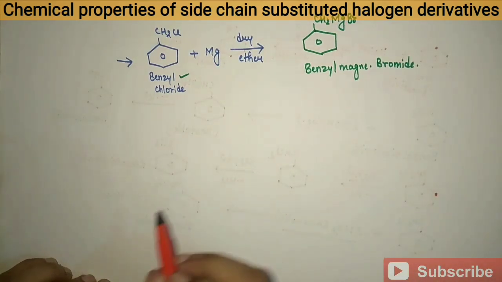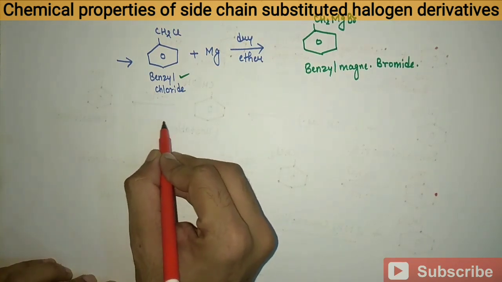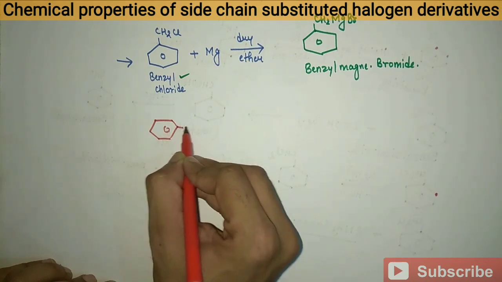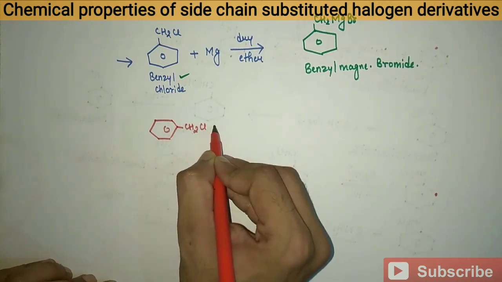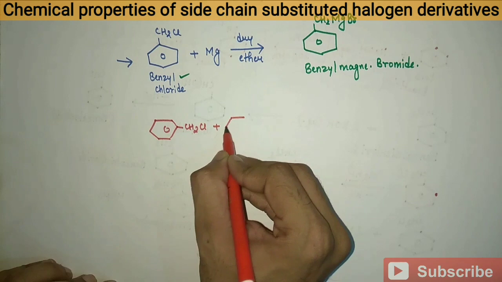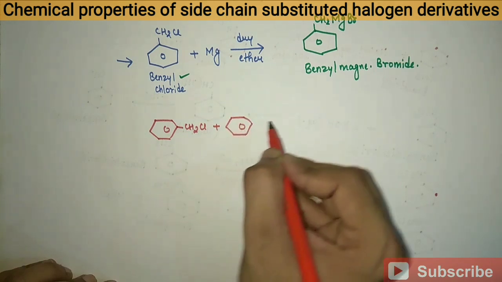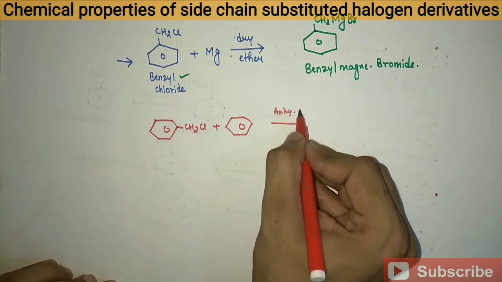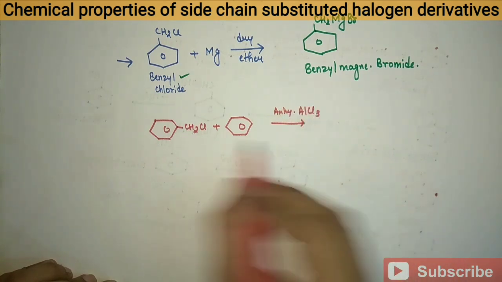Now the next reaction is Friedel-Crafts reaction. Okay, so whenever benzyl chloride reacts with benzene in the presence of anhydrous AlCl3 as a catalyst, this is Friedel-Crafts reaction.